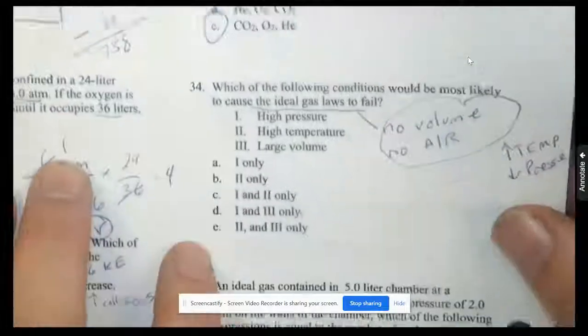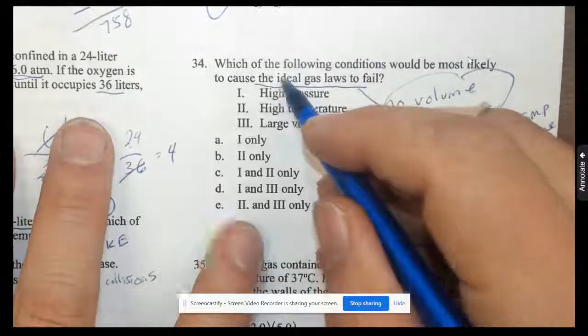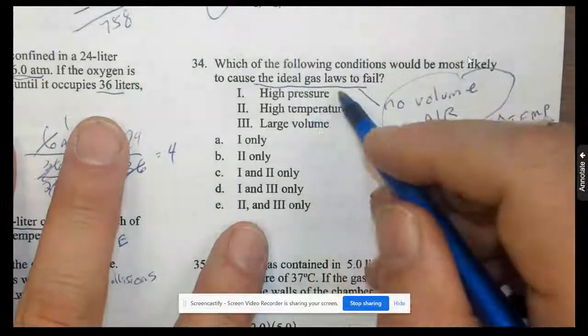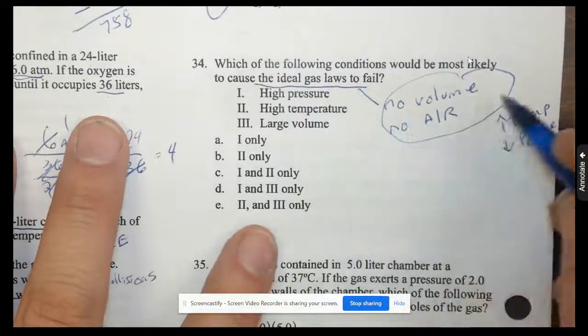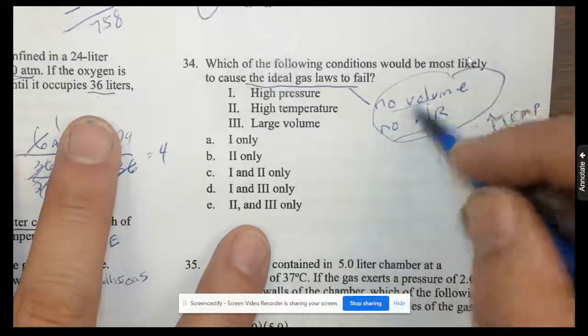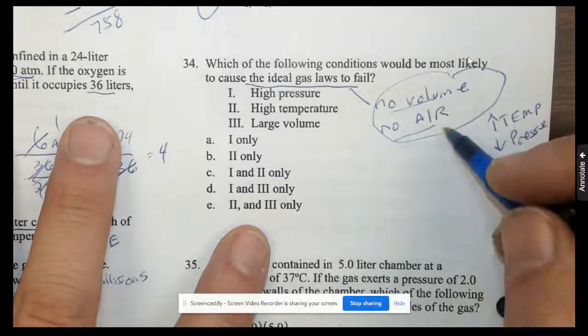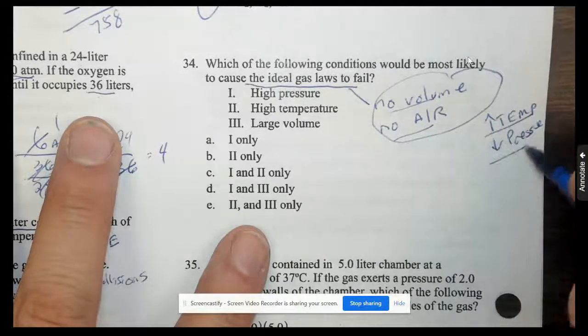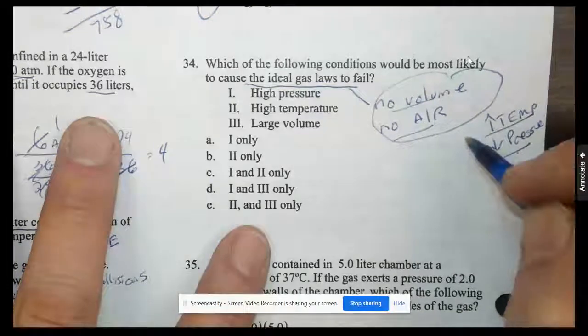All right, 34. Maybe this is where I was at. So which of the following conditions is most likely to cause the ideal gas laws to fail? To be ideal, you need no volume, no attractive repulsive forces. And that's most likely at high temp and low pressure. Now that's for ideal.